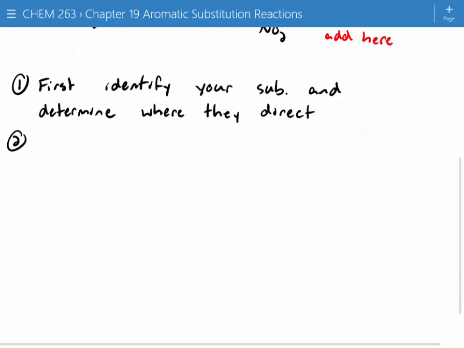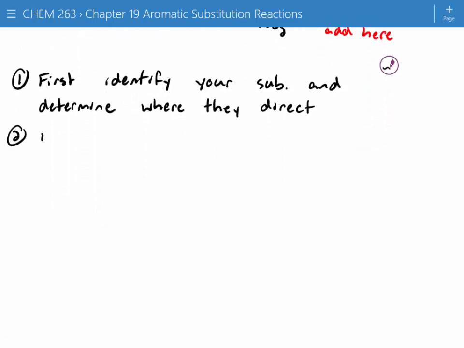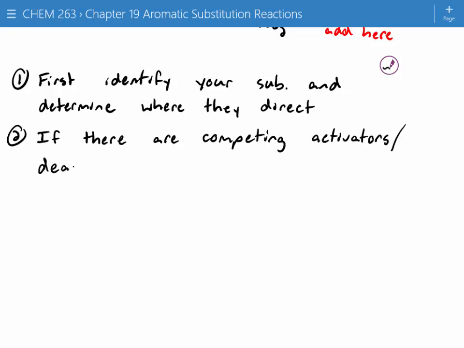The next thing is if there are competing groups, activators or deactivators, the most powerful activator will dominate.